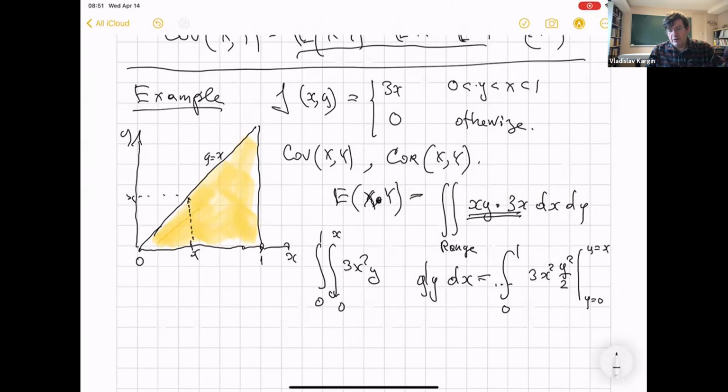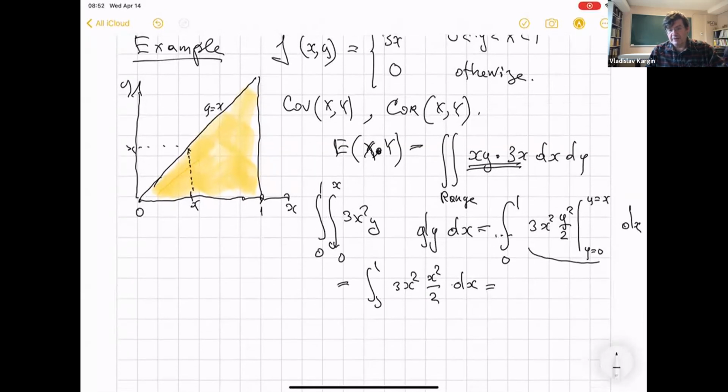This should then be integrated over dx, so the integral from 0 to 1 of 3x squared times x squared divided by 2 dx. It's easy in this case.